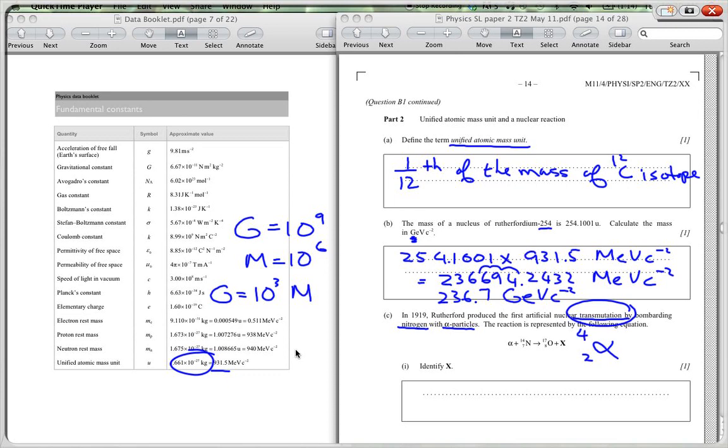Remember, this is how it works. You've got your protons and your neutrons. This is your total number of nucleons, total number of protons and neutrons, and the smaller number here, your atomic number, is your number of protons.